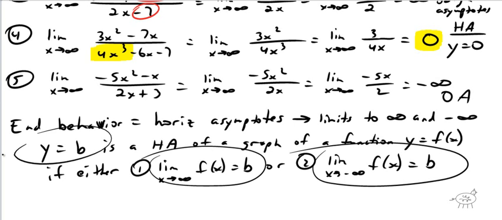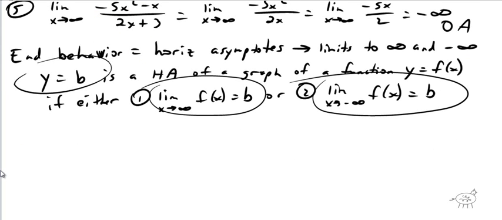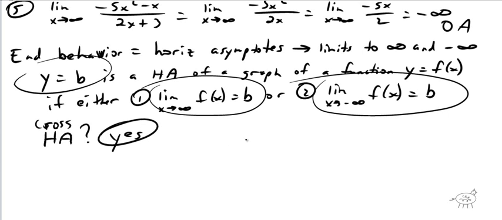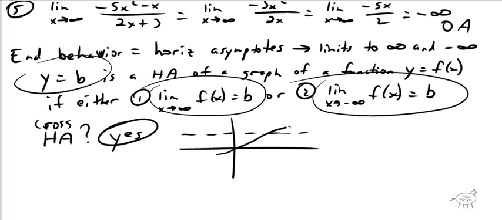Actually, I want to talk a little bit about one more thing here. Can I cross a horizontal asymptote? Yes, you can. You guys learned that. If I have a horizontal asymptote here, it still approaches it, but it might go like this and then come back around.